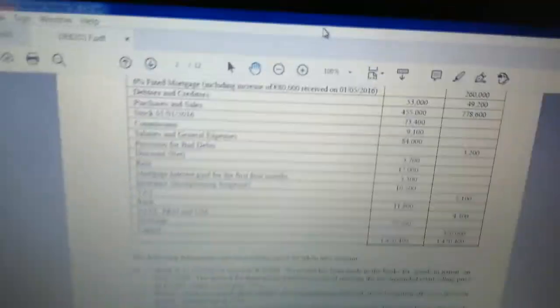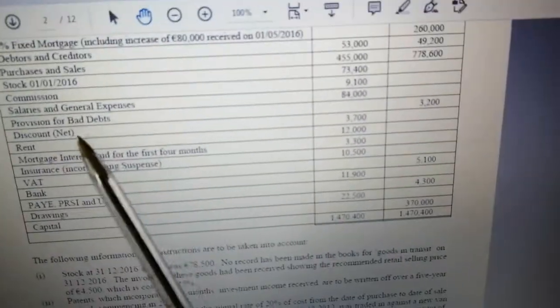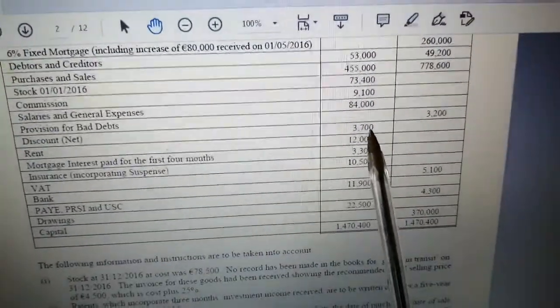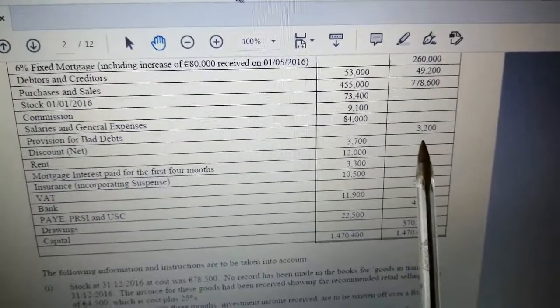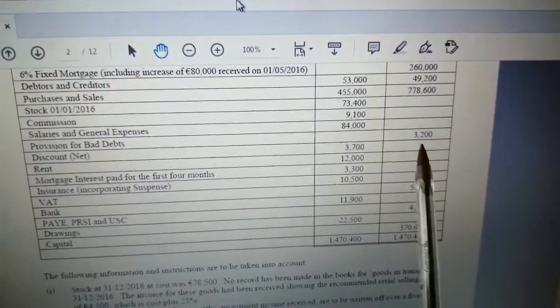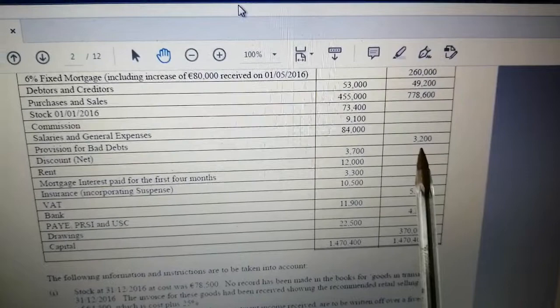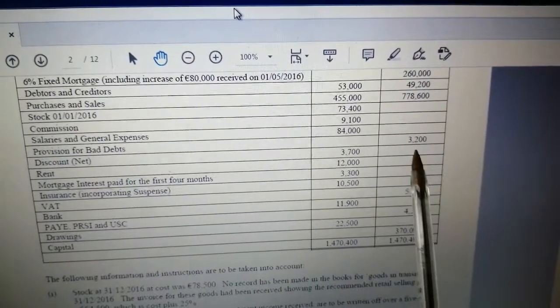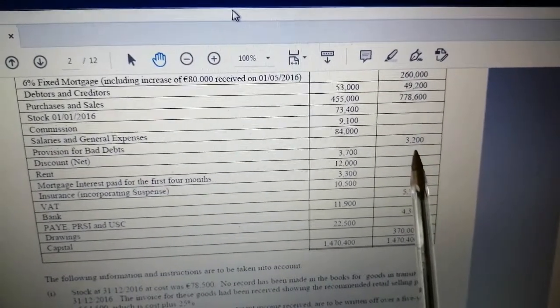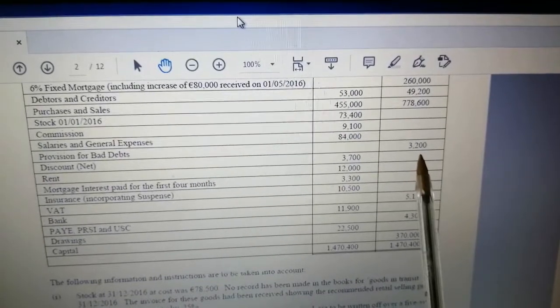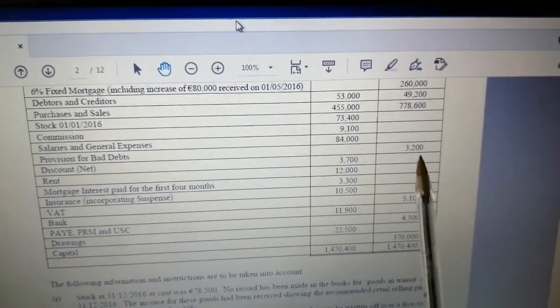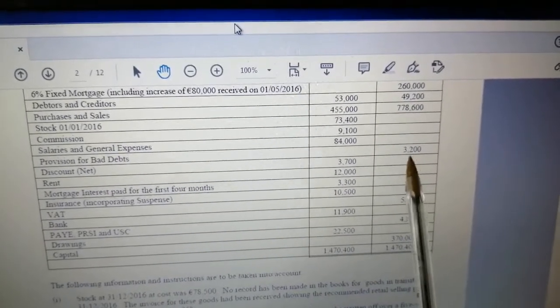Now, I suppose what might catch out a lot of students here is that the discount, in a lot of the questions, tends to be on the credit side. It tends to be a gain, and therefore it tends to represent discount received, or that the discounts received were greater than the discounts allowed by whatever amount was in here.